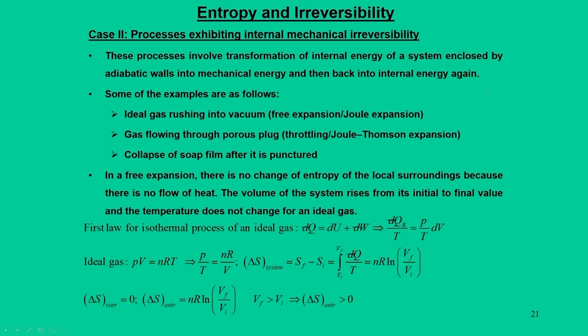Now, let us talk about one particular example, an ideal gas rushing into a vacuum, a process we call free expansion. What we have is an adiabatic enclosure with a partition.